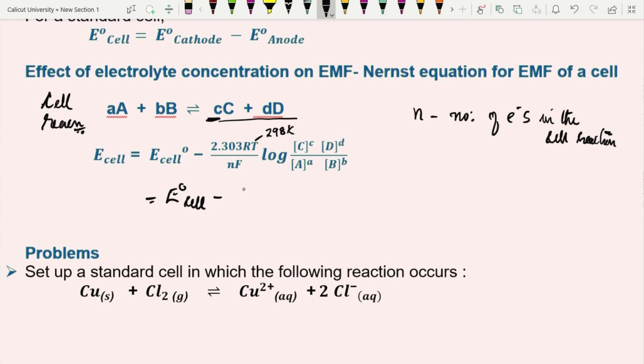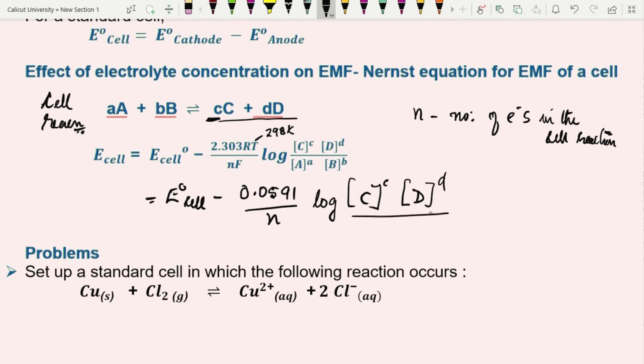So, substituting all that I get 0.0591 divided by n log of the molar concentration of C raised to c times the molar concentration of D raised to d, whole divided by the molar concentration of A raised to a times the molar concentration of B raised to b. So, you write the cell reaction and then you can write down the Nernst equation for any cell reaction.